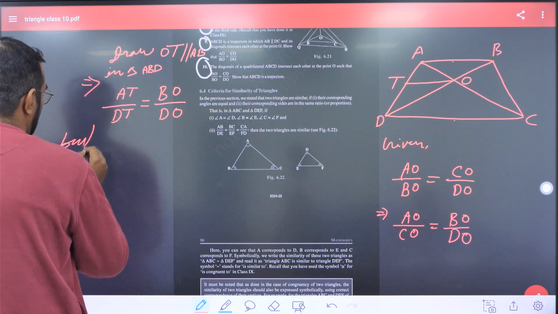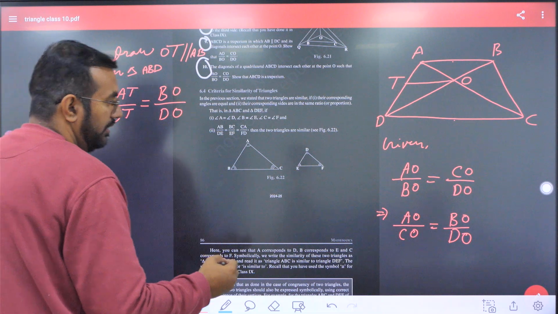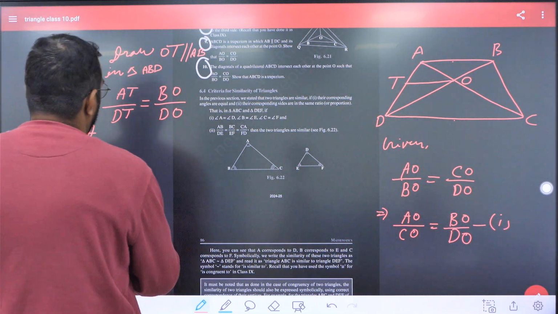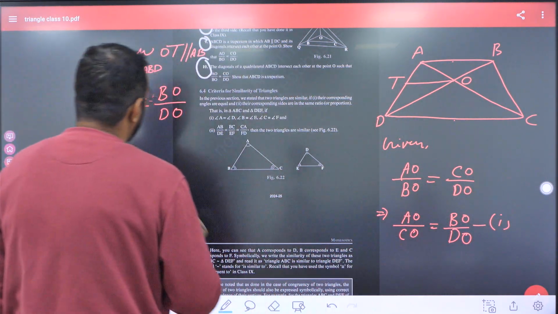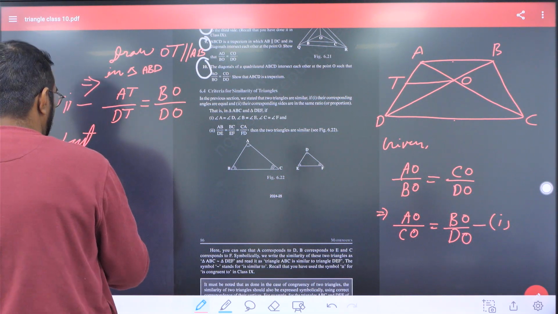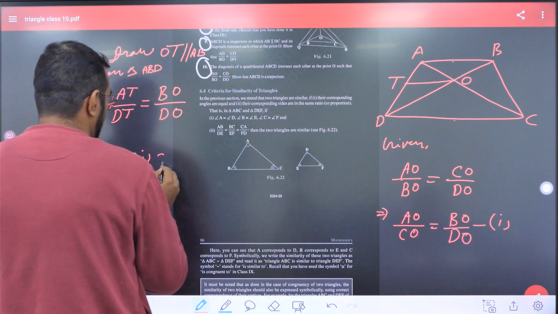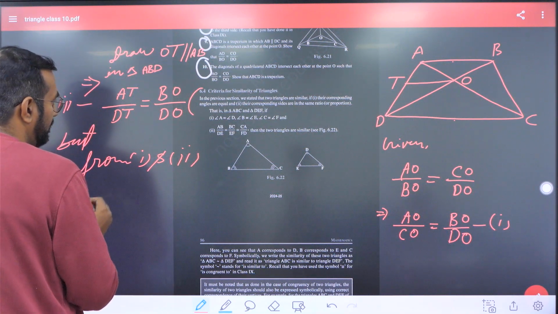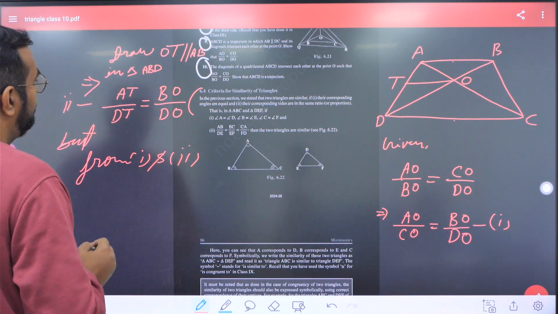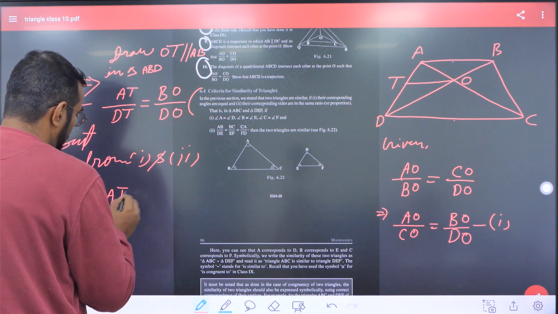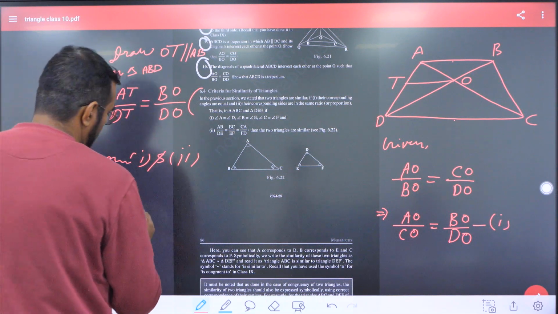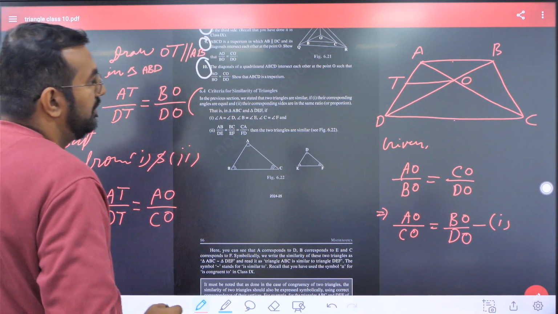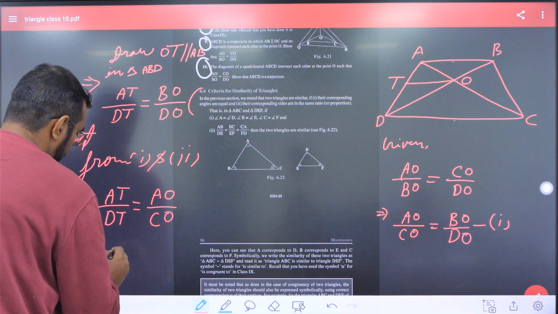But BO upon DO is also equal to AO upon CO. So from first and second, by BPT, we can write कि AT upon DT is equal to AO upon CO, and this implies कि OT parallel DC, right?